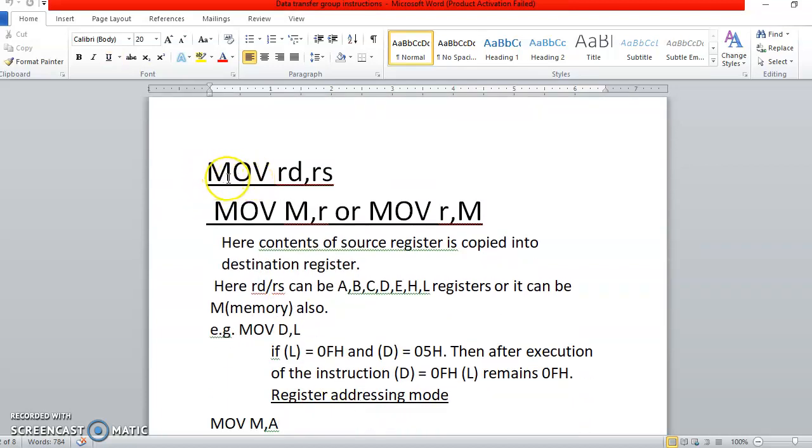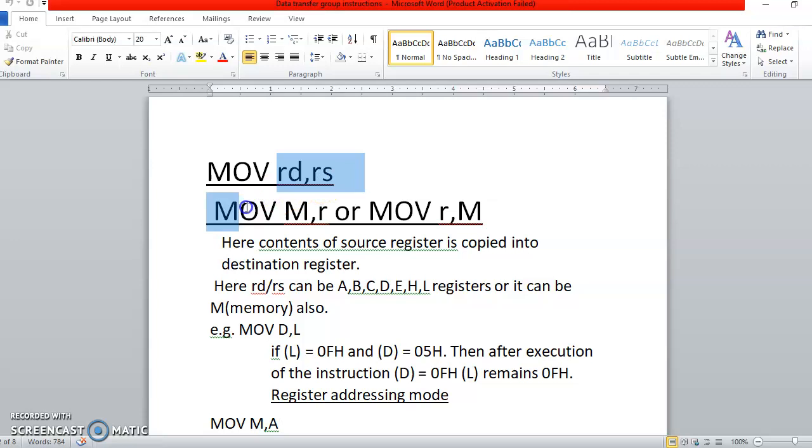The first syntax is nothing but MOV Rd, Rs. These are the general terms. MOV is the syntax, and we call it move the source register and destination register. So first you will write the destination register name, comma, the source register name.